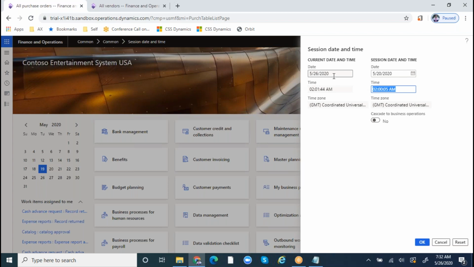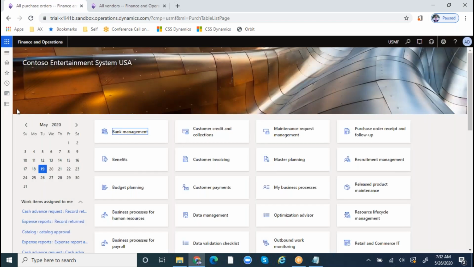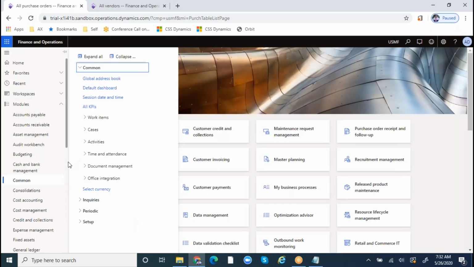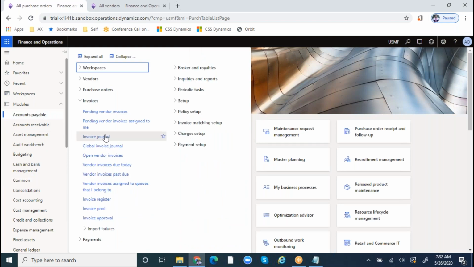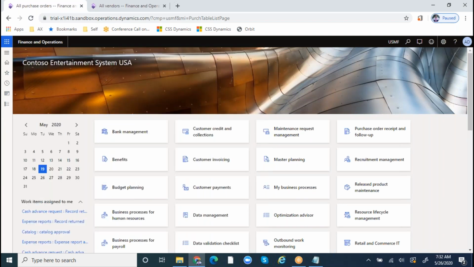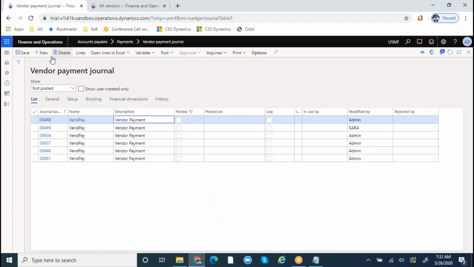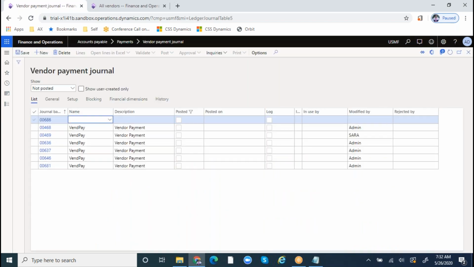Okay, so the session date is for the entire transaction. It will not change the entire application. Suppose some other user is doing other transactions. For him, it will show 26th May only. For you, for this form, whatever you are touching, any form, suppose payment journal, this also will show the session date as 20th May.